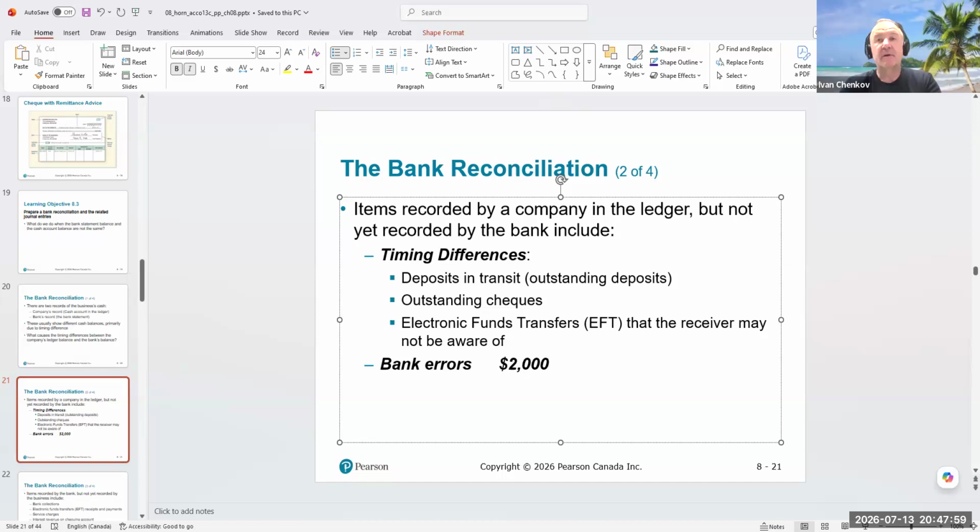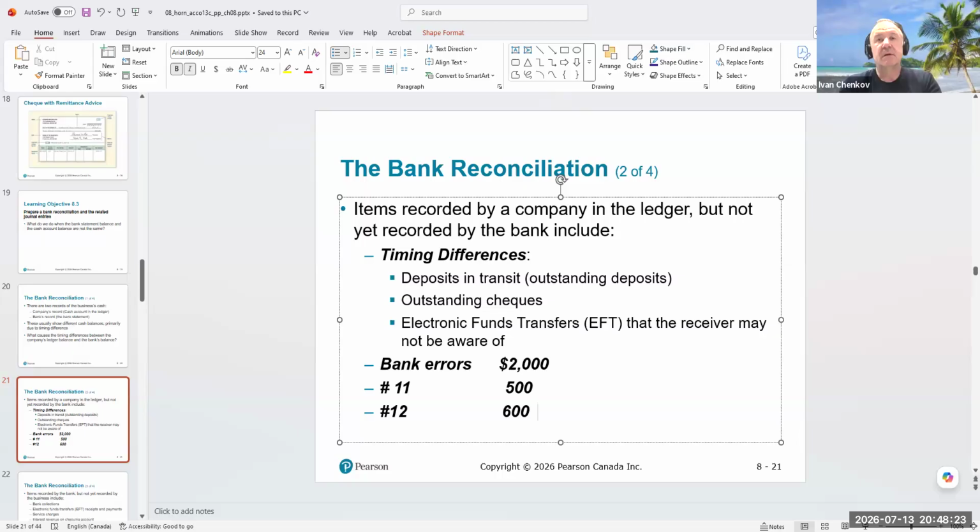So the question is, my bank account right now shows a balance of $2,000, and I already know that yesterday I sent two checks, check number 11 for $500 and check number 12 for another $600.